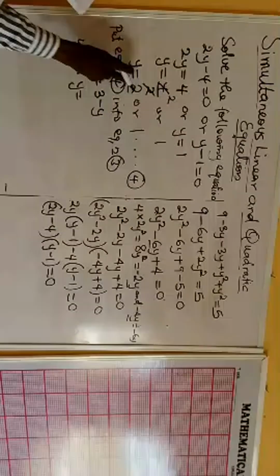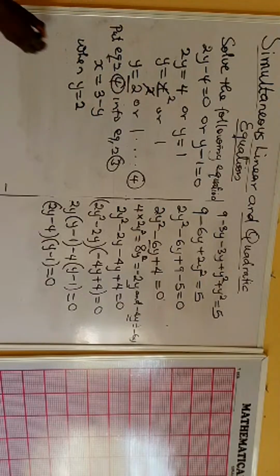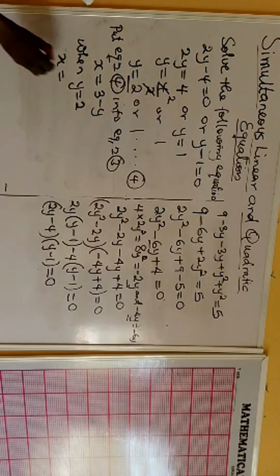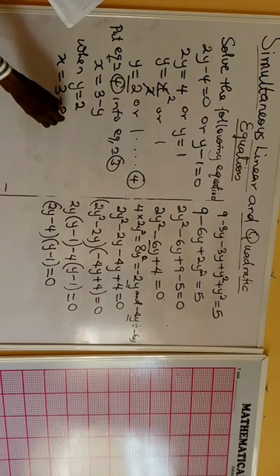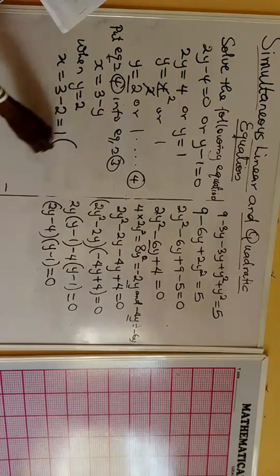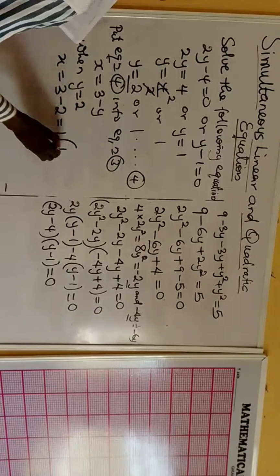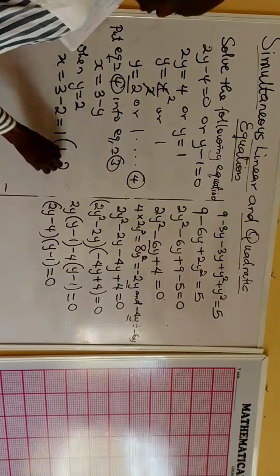Now let's take this value, when y is equal to 2. So x is equal to 3 minus 2, and x is 1. So you record there 1, comma 2.